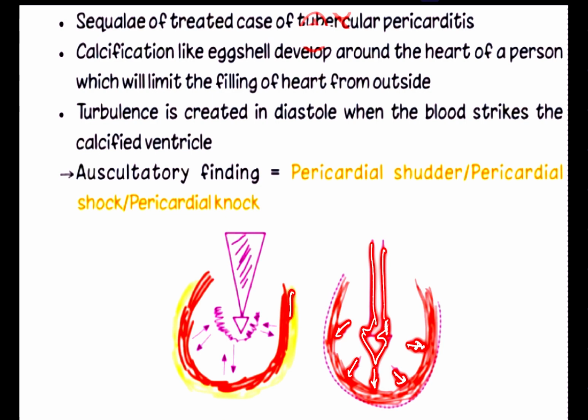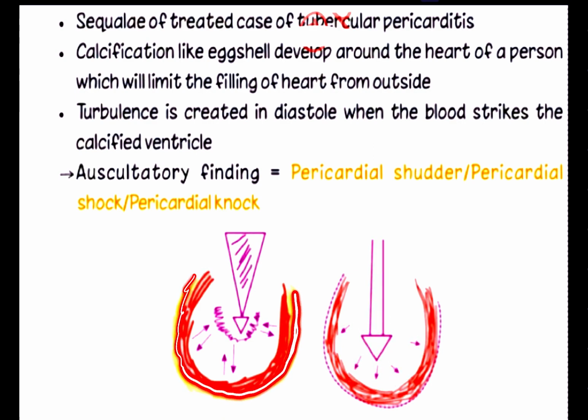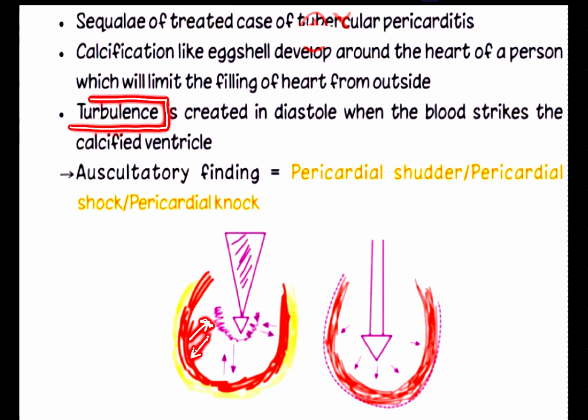But as the person is in the phase of getting treatment for this pericardial tuberculosis, there will be an external eggshell-like structure outside this pericardium, because of which there will be no dilation. As there will be no dilation, the blood going right here, striking on this wall, will bounce back, because of which there will be turbulence.